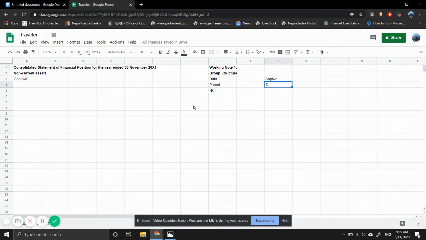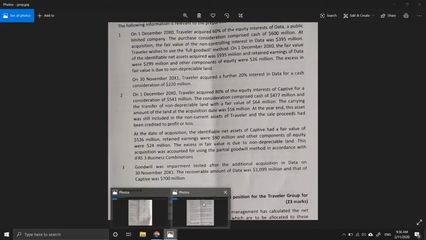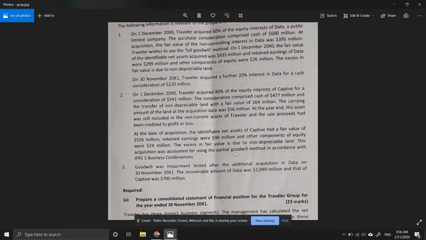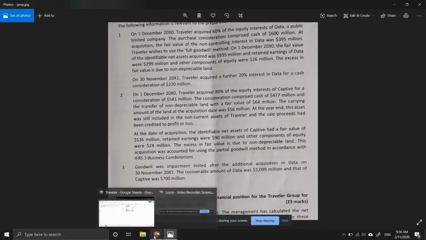So 60%, 40%, later what had happened? 80%, 20%, right? In the case of Captive, I think it will be this figure, isn't it? 80%. So it's not further acquired, right? Nope.